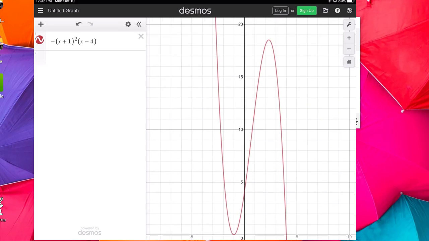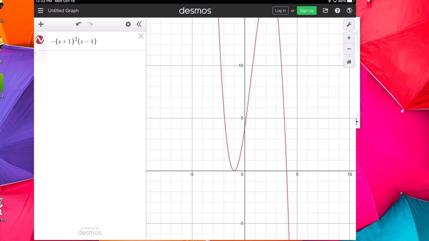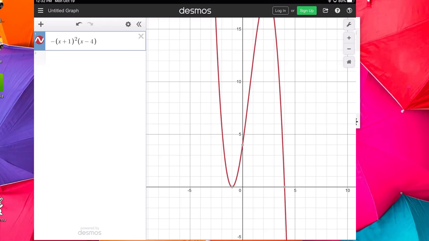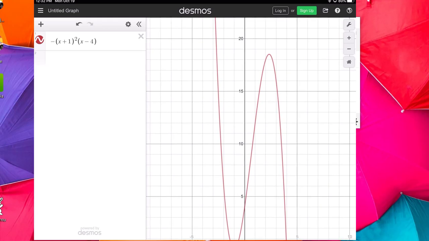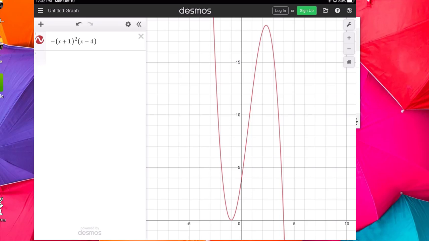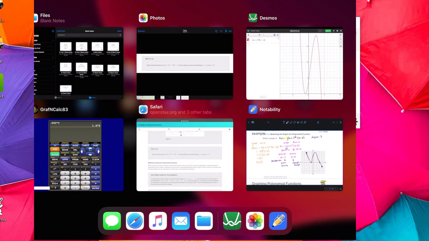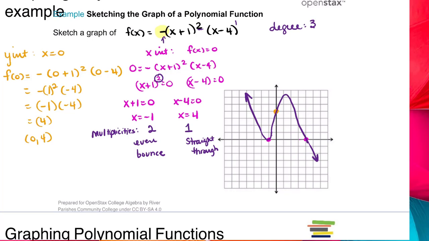And if you look, that's kind of what we did. It bounced off at negative 1 and went straight through at 4. And then if you will recall, look at what we drew here. You can kind of compare the two. So we did get the basic shape there.